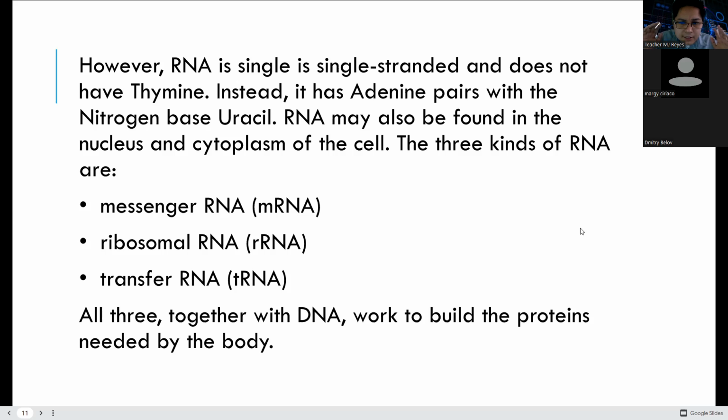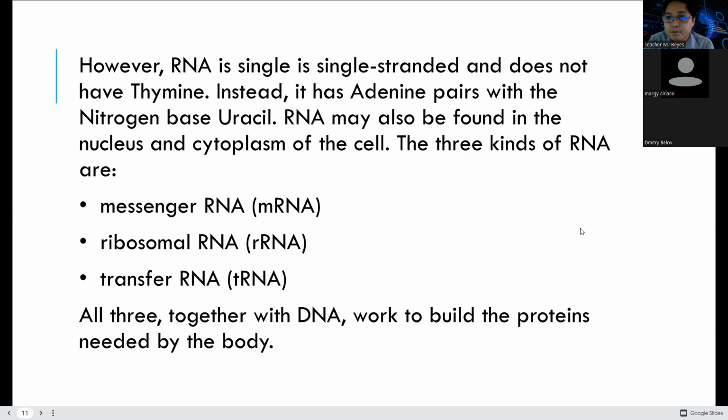Again, these RNA are named after their purpose, their functions. The first one is the messenger RNA, the mRNA. Do you know the purpose already? This is to carry the information, because this is the messenger.